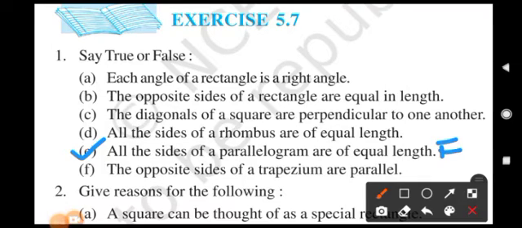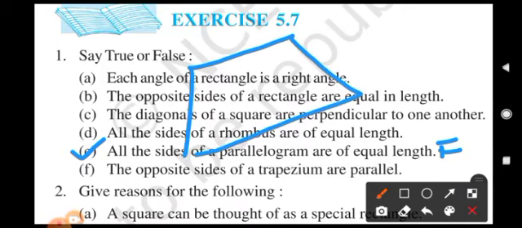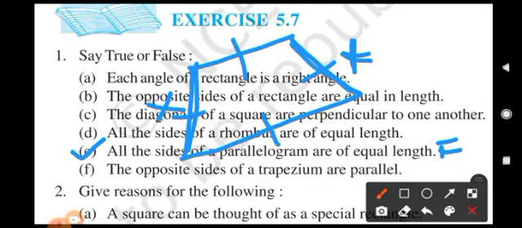Now come to F: the opposite sides of a trapezium are parallel. I will draw one trapezium. Now this is a trapezium, isn't it? These sides are parallel. But these sides and these sides are not parallel. Here it is written opposite sides of a trapezium, but only one pair is parallel, isn't it?